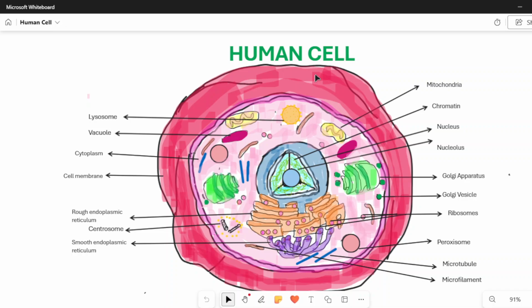The reason it is important is that if you understand the cell at the microscopic level, you will be able to understand the organs at the macroscopic level.